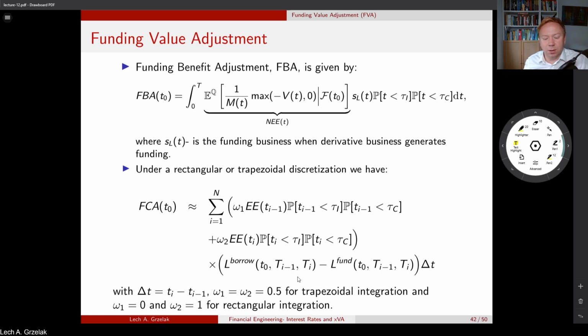Of course, this integration is very standard, a trapezoidal rule, or you can even think of an Euler type of integral. And here we have those SL, which is the funding spread, which determines at what rate we can fund our position.